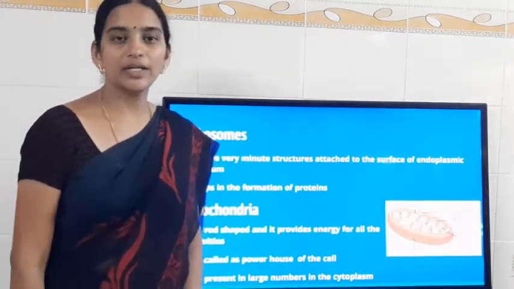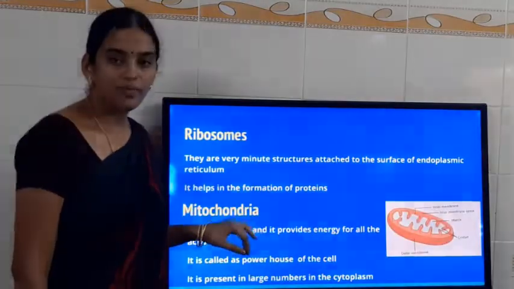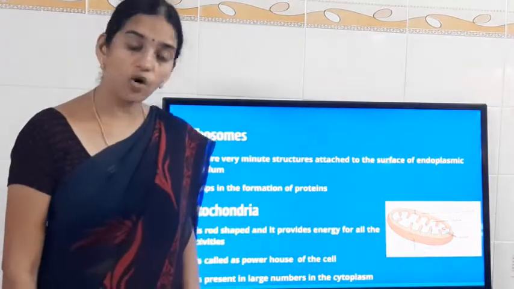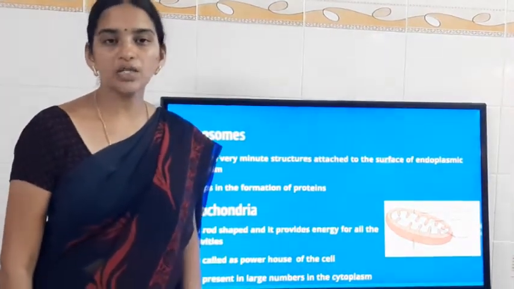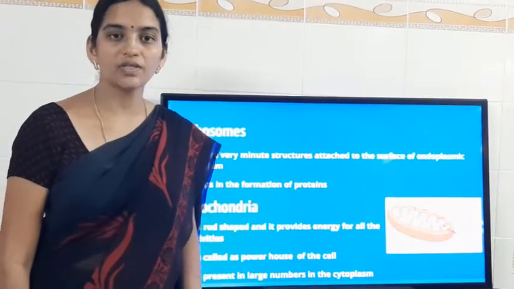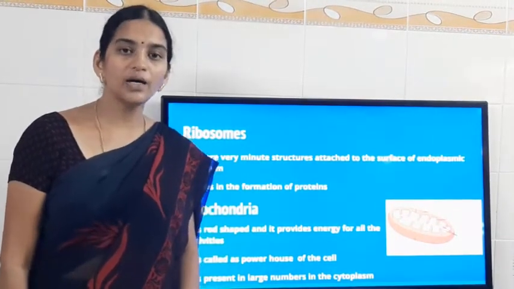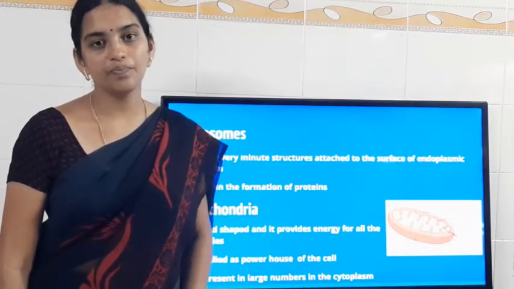And the next organelle is mitochondria. It is a rod-shaped organelle present in all the cells, and it provides all the energy needed for the cell for its activities. For this reason, mitochondria is also called the powerhouse of the cell.